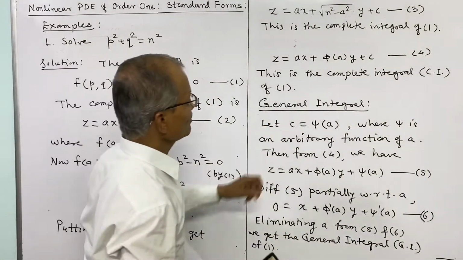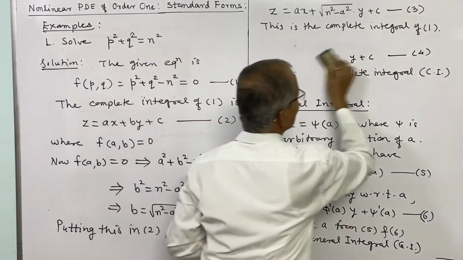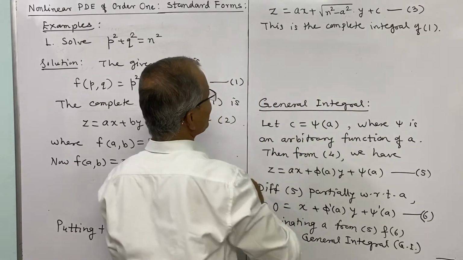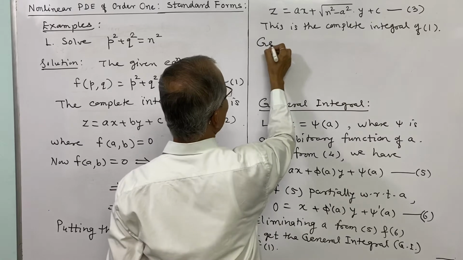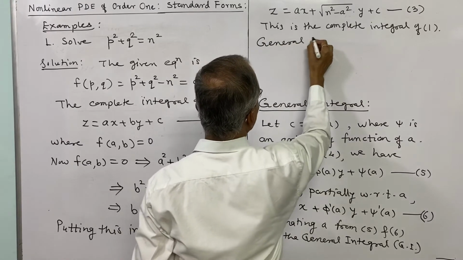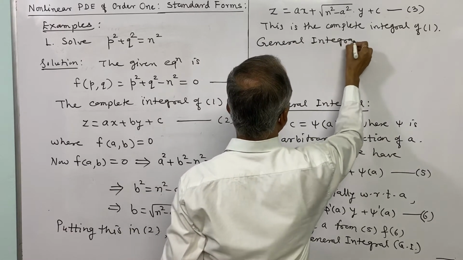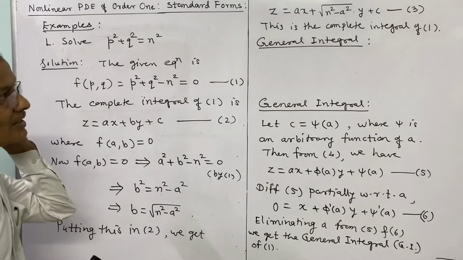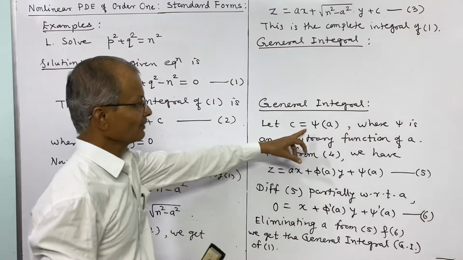Now we will go to the general integral. So to obtain the general integral, what we have to consider is c as a function of a, another function of a.